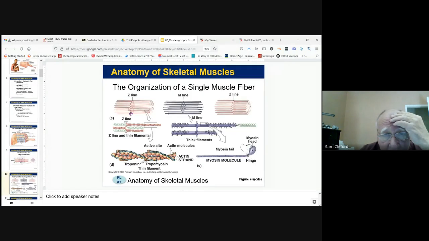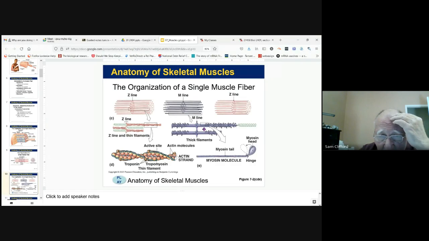So the Z line is attached to actin. Here are the thin filaments. The Z line on the other side is also attached to actin. The M line is the structural attachment in the middle of the sarcomere.